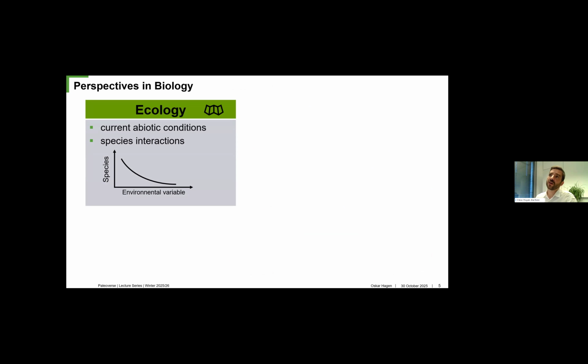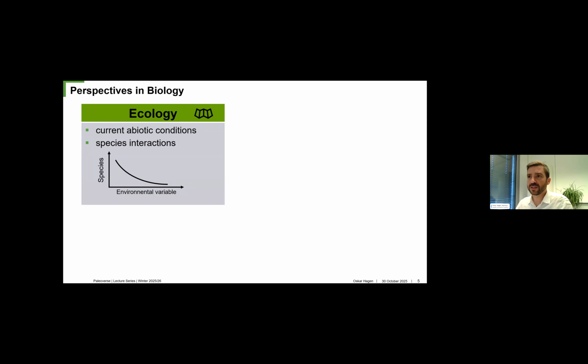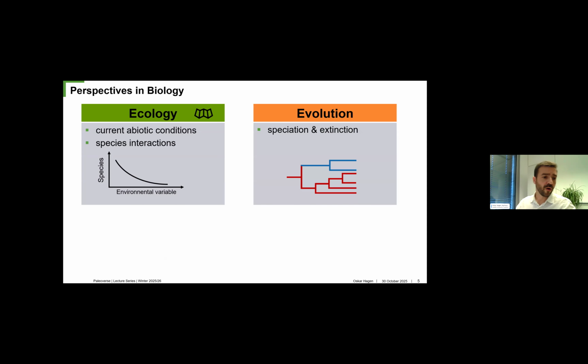We consider current abiotic or biotic conditions or species interactions, and we will see, for example, species responses along an environmental gradient.